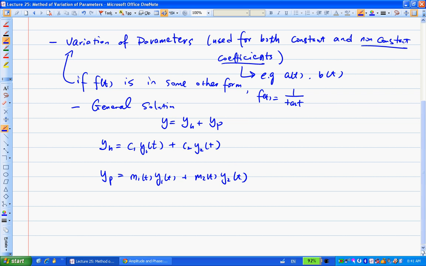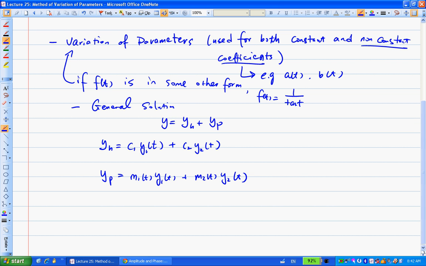plus m2 of t y2 of t. So we vary this y1 and y2, which are the basic solutions of the homogeneous equation, by applying certain terms, and try to make this expression a particular solution of this second order ODE.